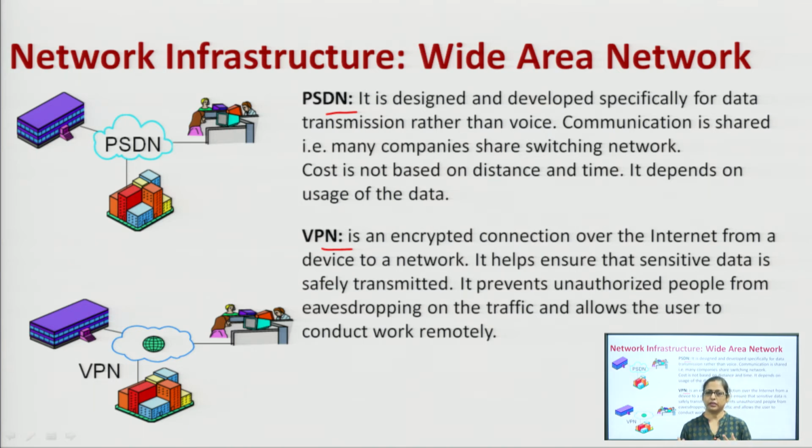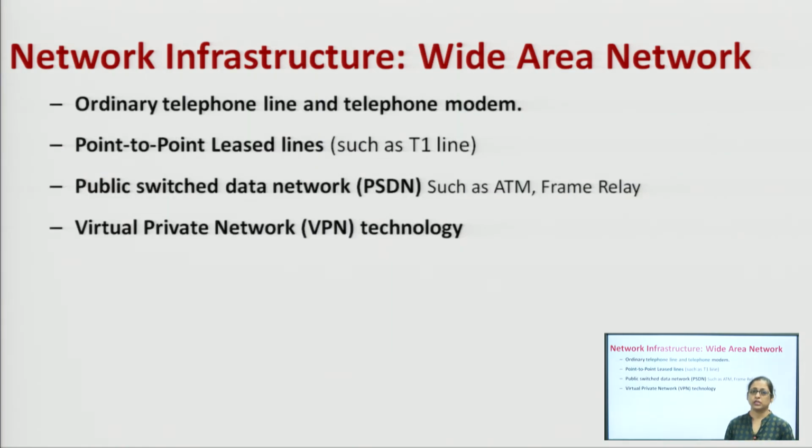So, companies use a combination of PSDN and VPN depending on the kind of information that they want to share. Network infrastructure basically includes ordinary telephone lines and telephone modems, point to point leased lines, public switched data networks as we had discussed, such as ATMs, frame relays, etc., and virtual private network technologies as well.